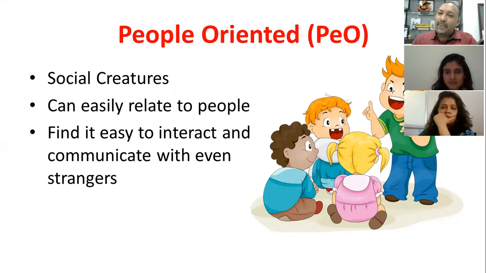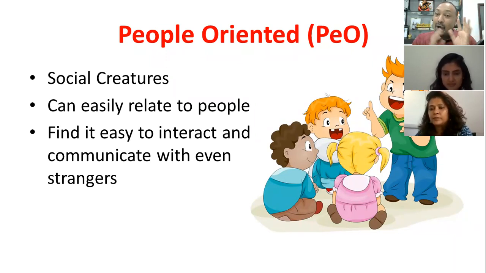They are people-oriented children. Now, I'm sure there are a few teachers also connected with us in today's session. Those teachers will be able to realize that when you enter a class, you can clearly identify these 2 categories of children. There'll be one set of children who are continuously concentrating on what is being taught in the class.